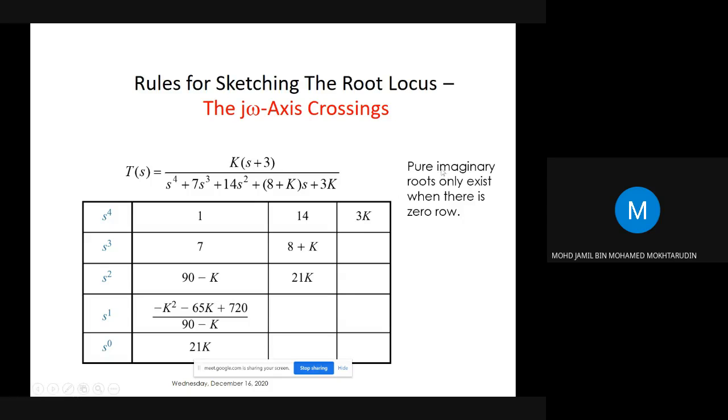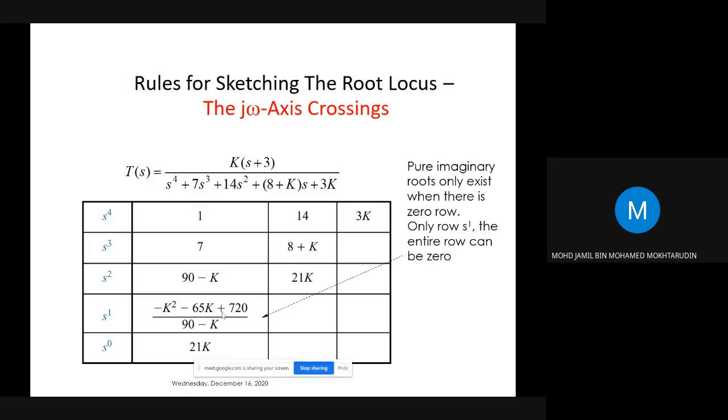Okay, pure imaginary roots only exist when there is a zero row. That means to find the JW axis crossing, you need to use the row that has all 0 in the row. Only row S1 can have the entire row be 0. So basically use row S1.